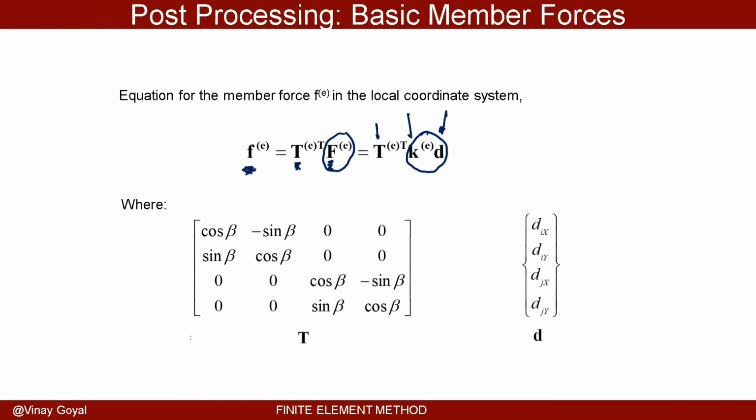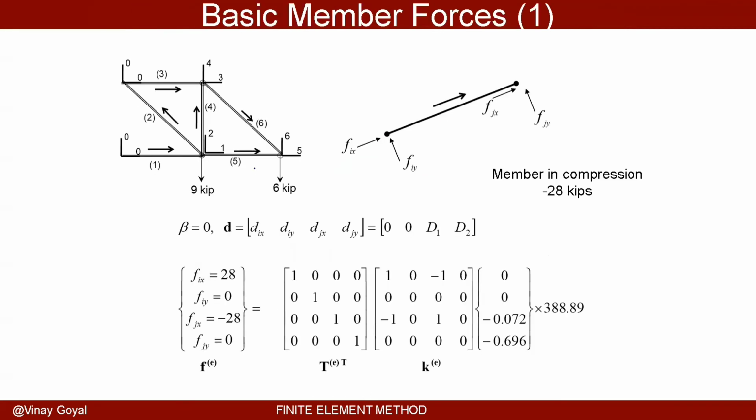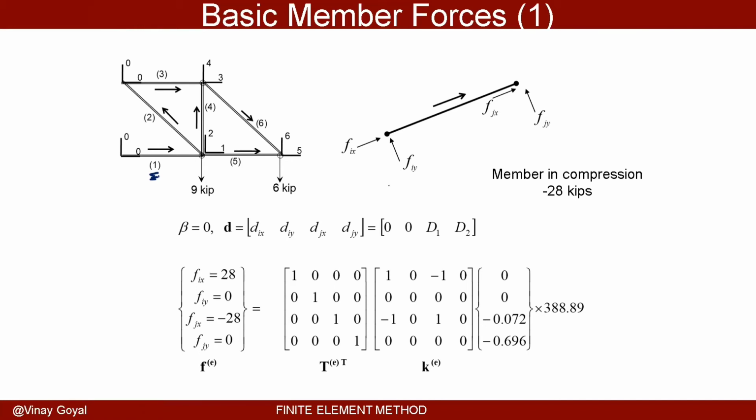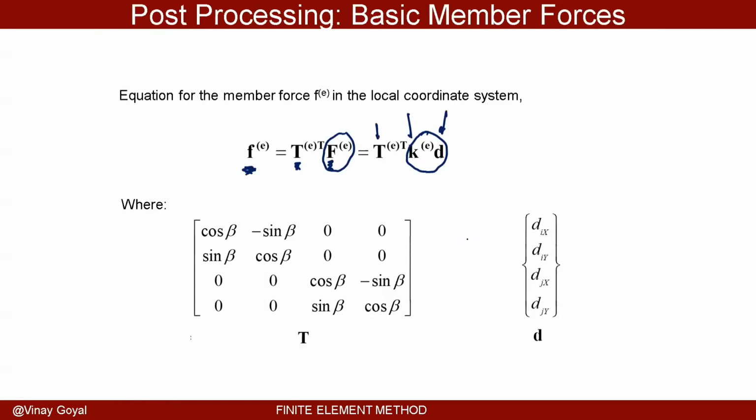So I can calculate the forces in every single element. Let me show you that. For element number 1, the degrees of freedom are 0, 0, D1 and D2. But guess what? I know what D1 and D2 are. I already calculated that here.